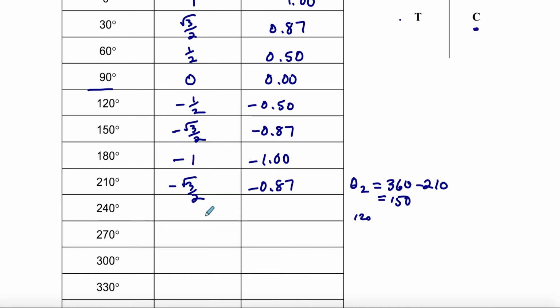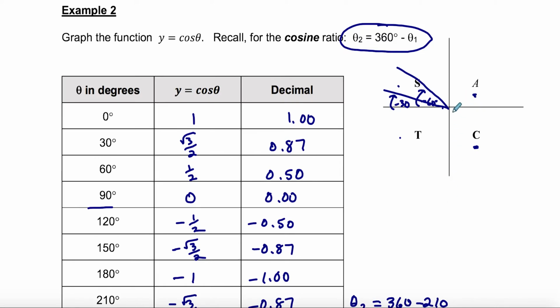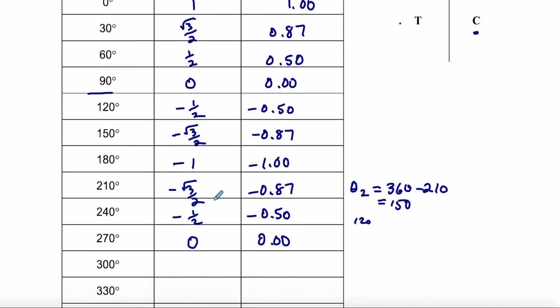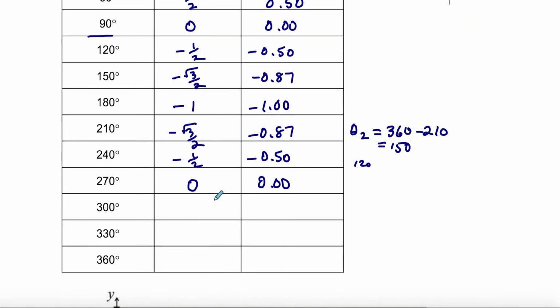So this is going to be the same value as 120, negative 0.50. 270 degrees, I can just type in my calculator cos 270, and I'd get 0. Think about 270 being straight down this way, whereas 90 was up this way, and 90 degrees was 0, so 270 degrees is 0.